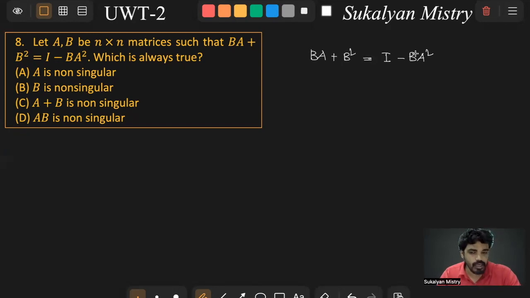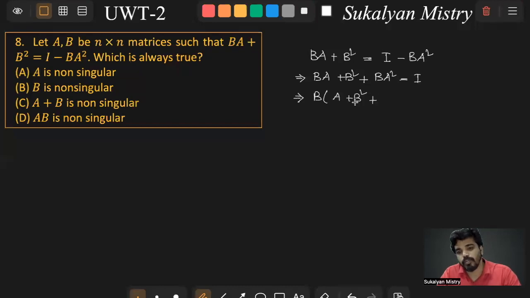Okay, so this implies BA plus B square plus BA square is equal to I. So just taking B common, so what we get? B times A plus B square plus A square, so that equal to I.